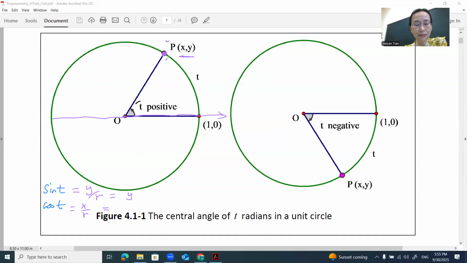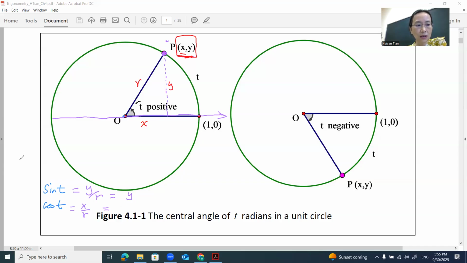Let's just look at this. Which one is y? This is y, using this point, and this is x. So y over r and x over r are respectively sine and cosine.